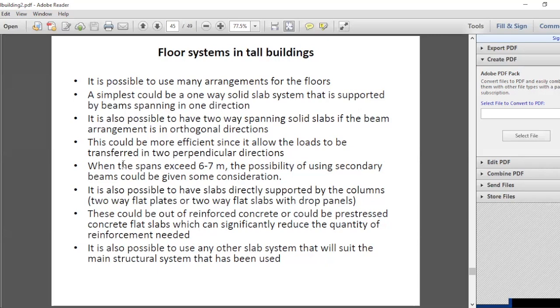If the spans are in the range of 7.5 meters, then you can go with secondary beams. So these are secondary beams.